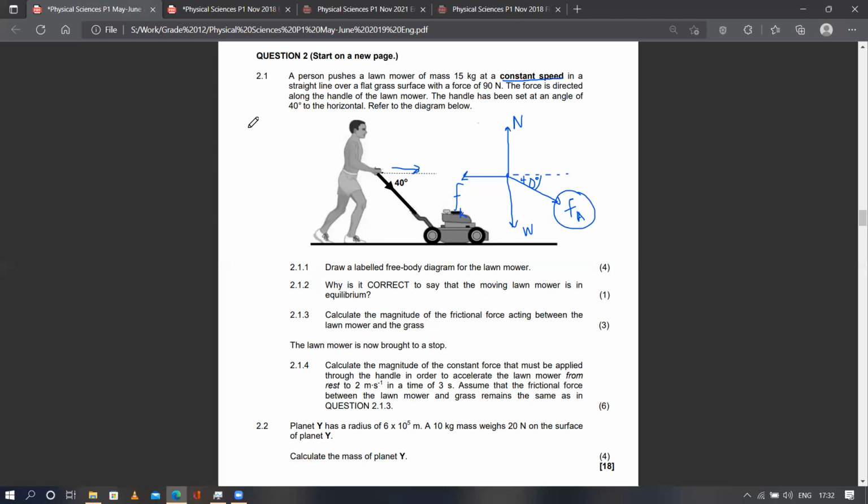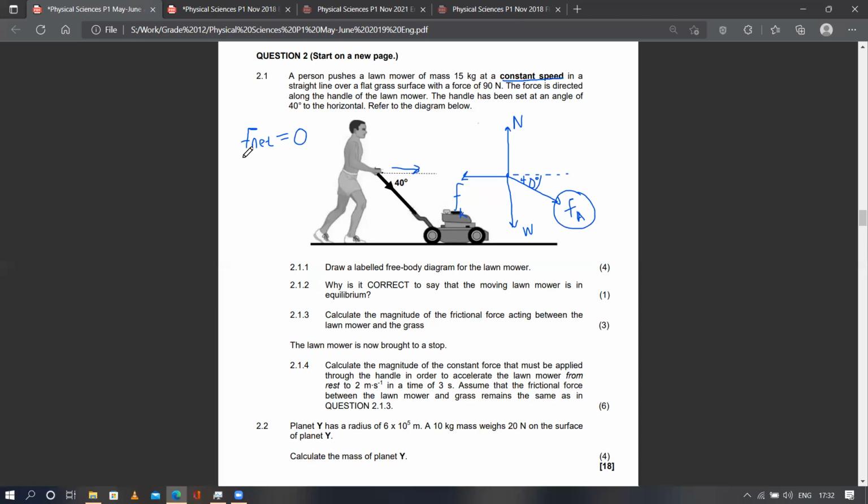We know that F net is equal to 0 because the mower is moving at a constant speed, so there's no acceleration.